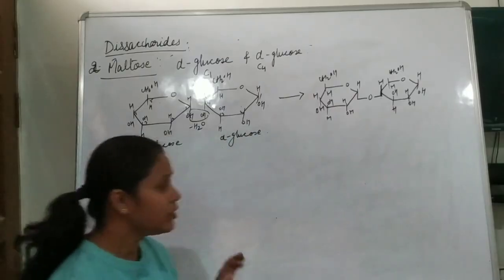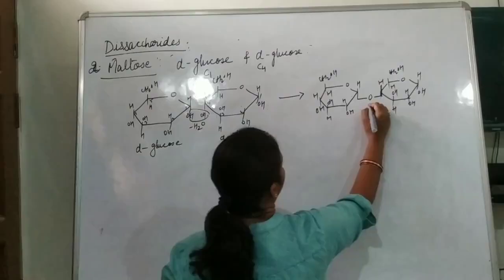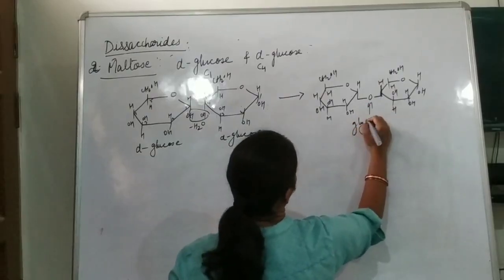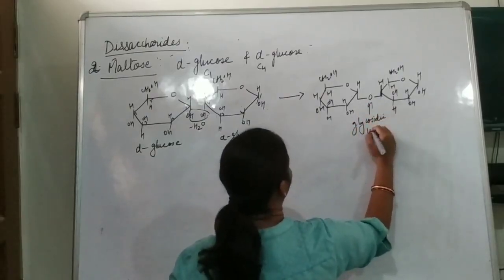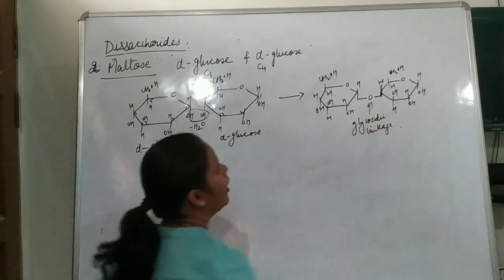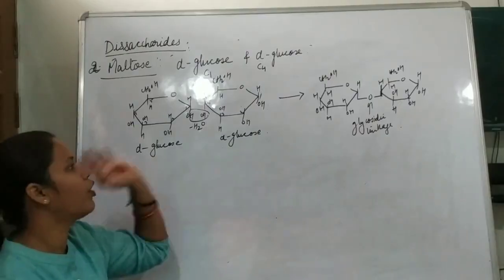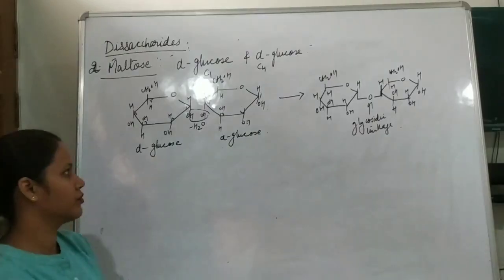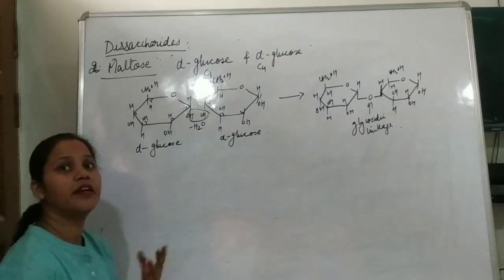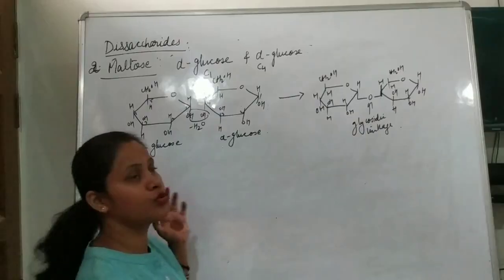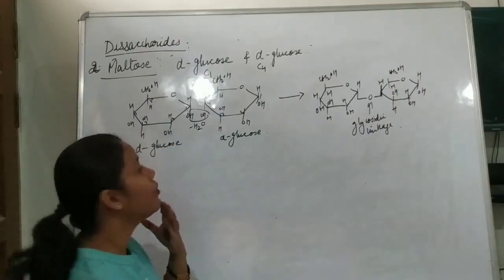Now, this is the glycosidic linkage. Can you tell me whether it is a reducing sugar or a non-reducing sugar? Is there any difference between the previous one, sucrose, and this figure, maltose?